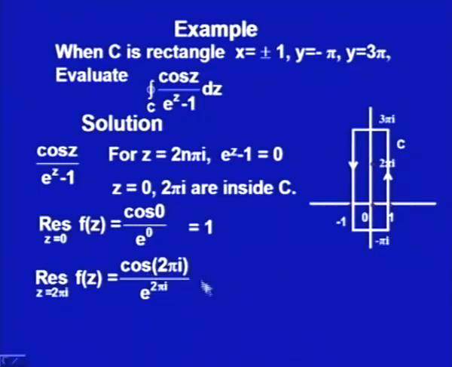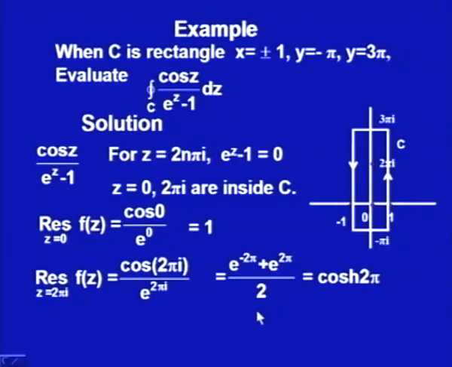Here theta is 2 pi i, so i times 2 pi i gives minus 2 pi, so e to the power minus 2 pi plus e to the power plus 2 pi, divided by 2. What is this? This is nothing but cos hyperbolic of 2 pi.